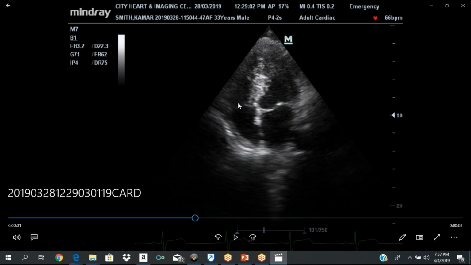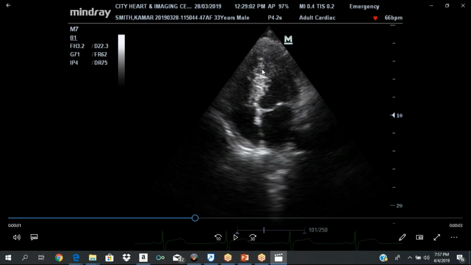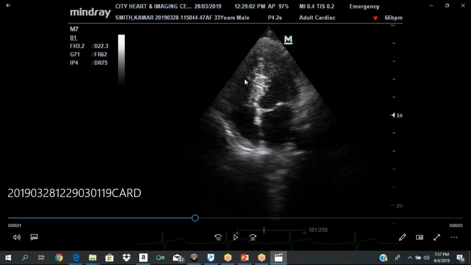And that's one of the ways you can distinguish the right ventricle from the left ventricle. The tricuspid valve is always lower in the ventricle and identifies the right ventricle.